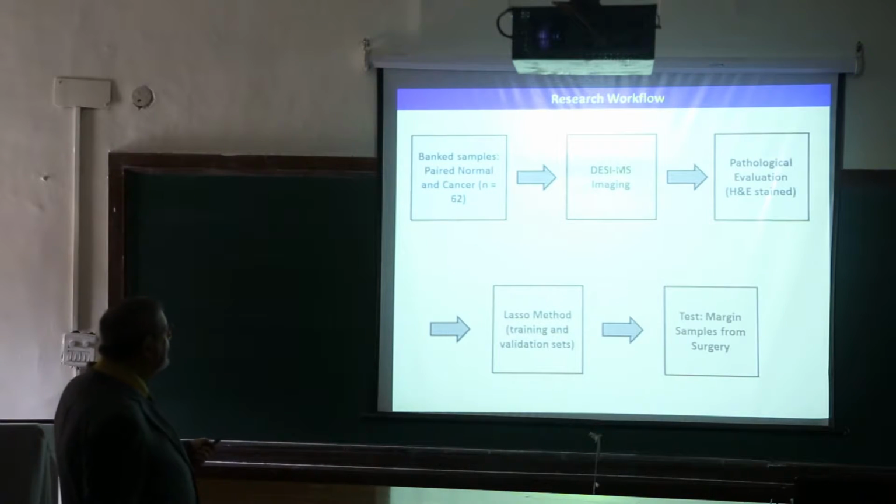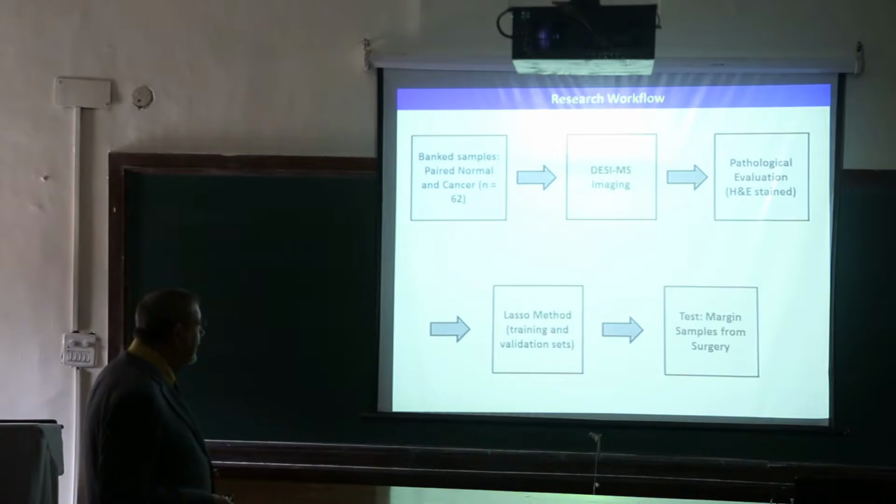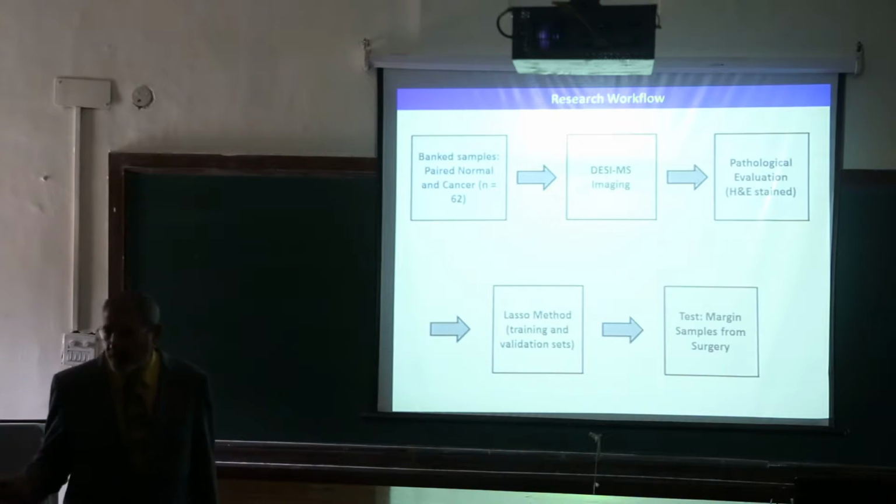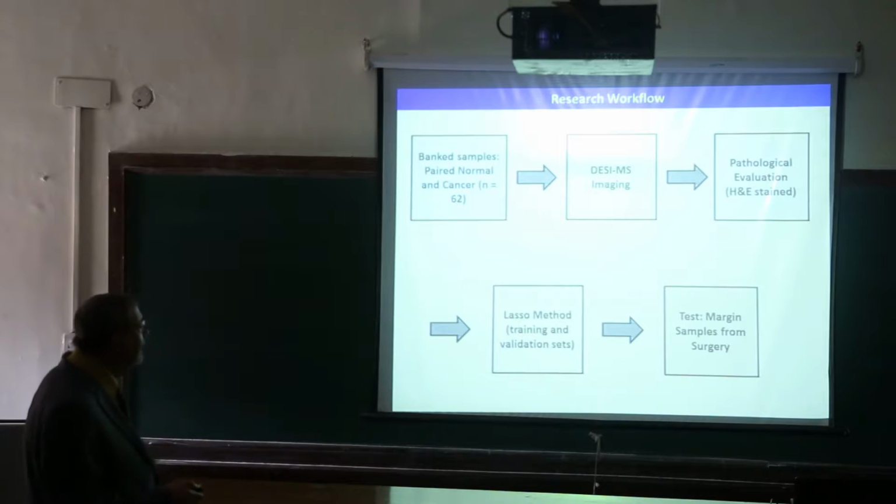We're going to then do this DESI mass spec imaging. And there's already pathological staining that's been done. And then we're going to apply a statistical method, which I'll explain to you in a moment. And we're going to actually use this later on to test against actual samples that a surgeon cuts out. First, we're going to train ourselves, then we're going to apply this to show what it's like.